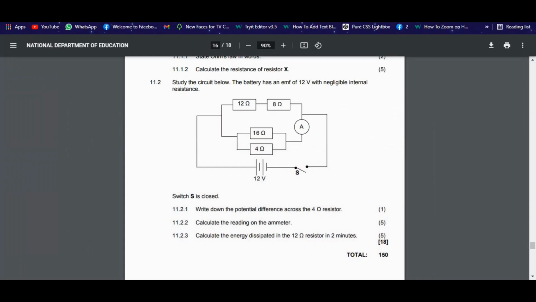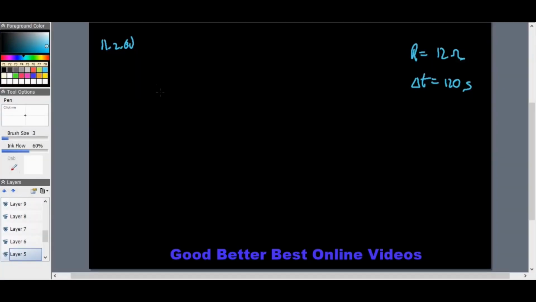So just make sure. Okay, what we need to do here is, there's a number of ways that we can do this. Let me see what is my favorite one.